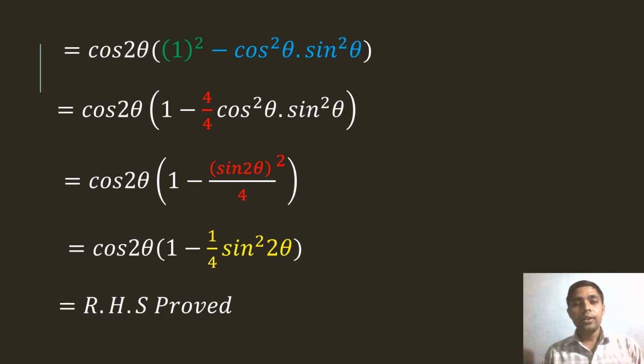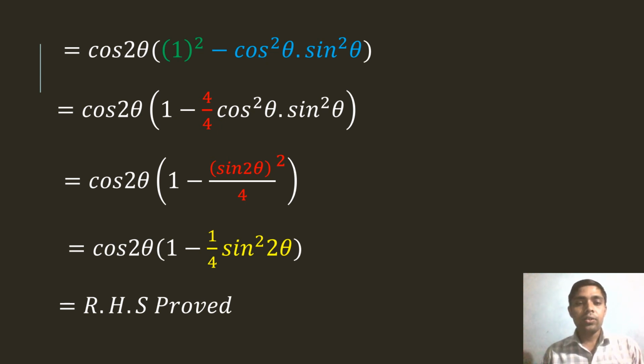As we can see it is in sin·cos format, so we have to convert it into formula format. We convert into sin 2θ, for which we have to multiply by 4 upon 4, because the sin 2θ formula is 2 sin θ · cos θ, but it is squared, so the square of 2 will be 4. Then the next step we will get this in the form of sin² 2θ.